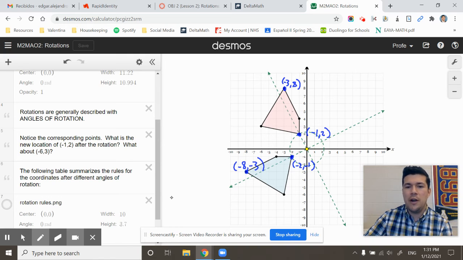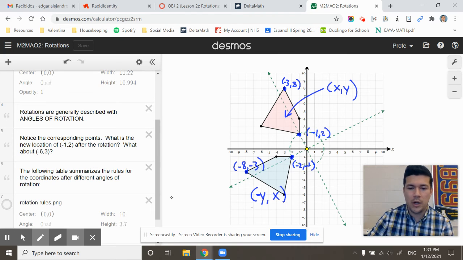Therefore, every coordinate in the pre-image, which was x, y, has now become, again, it switched places, y, x, however the y has switched sign, so it is now -y, x. That is my rule for a 270 degrees rotation clockwise.